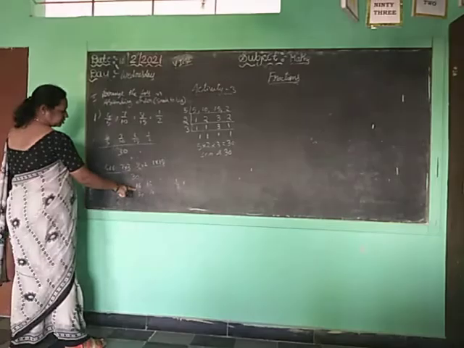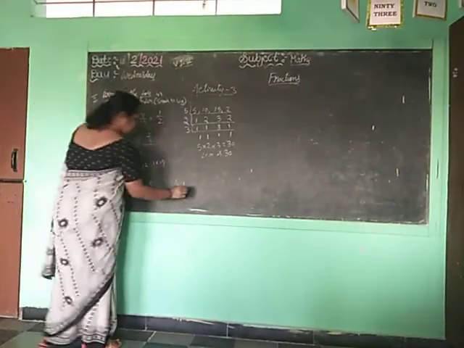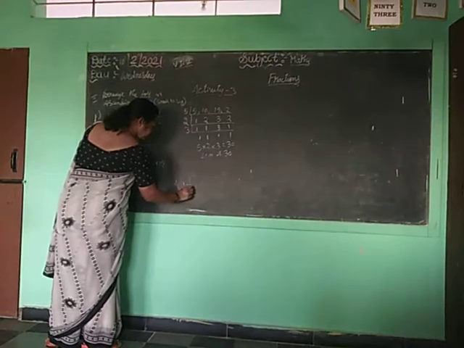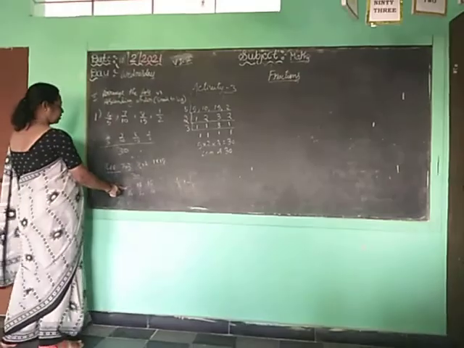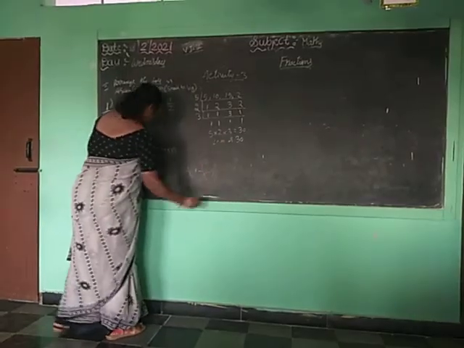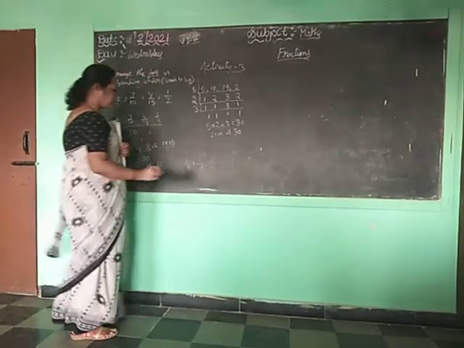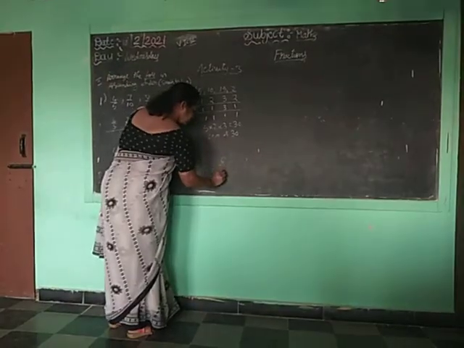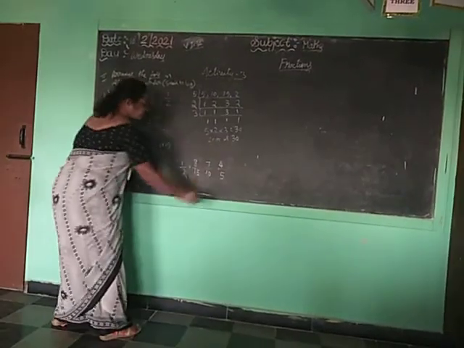Next 16 by 30, which fraction is this? 8 by 15. Next 21. 21 is which one? 7 by 10. Next, 24 by 30, that is 4 by 5. See, I arranged the fractions in ascending order.